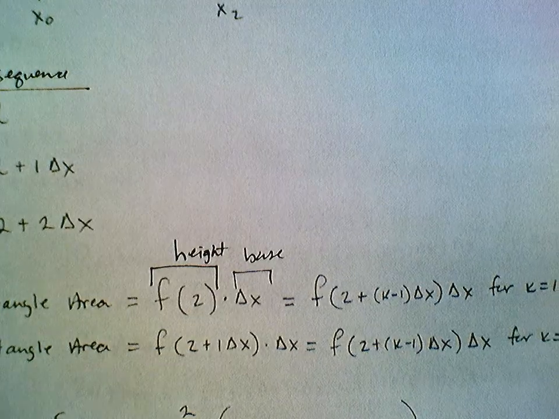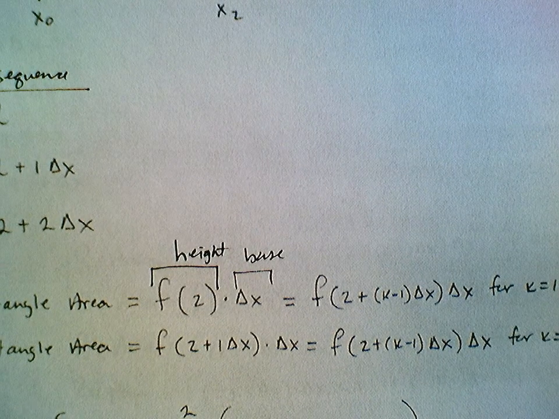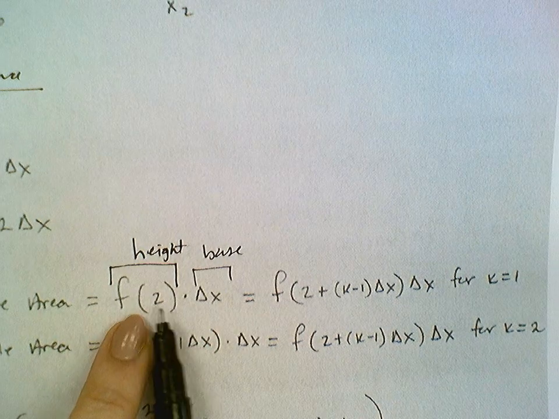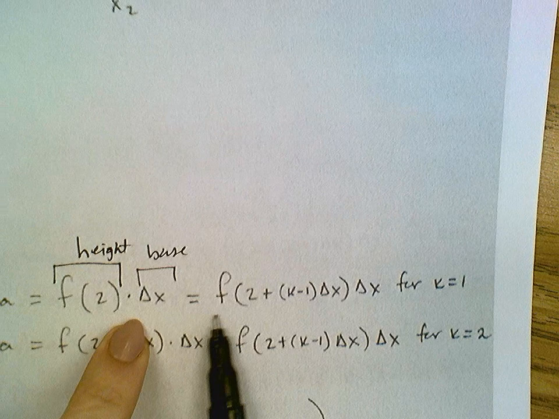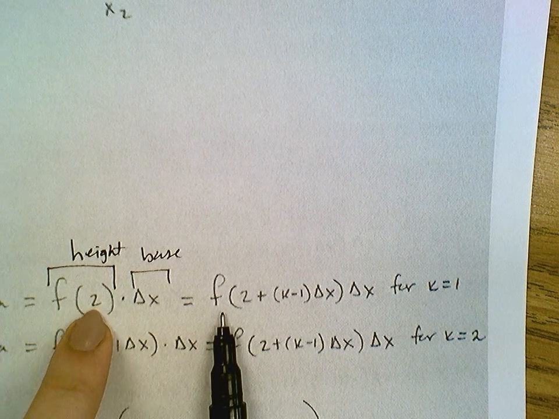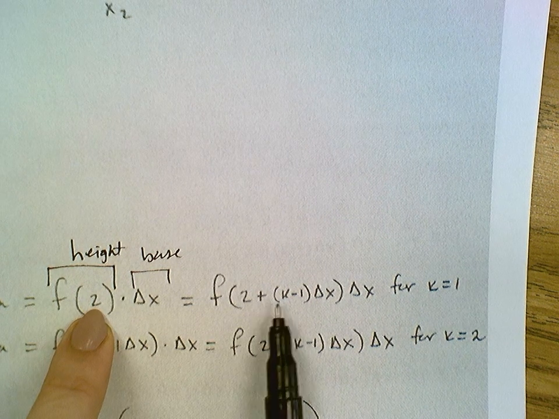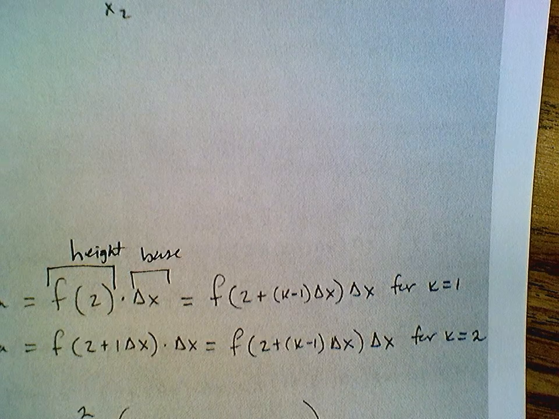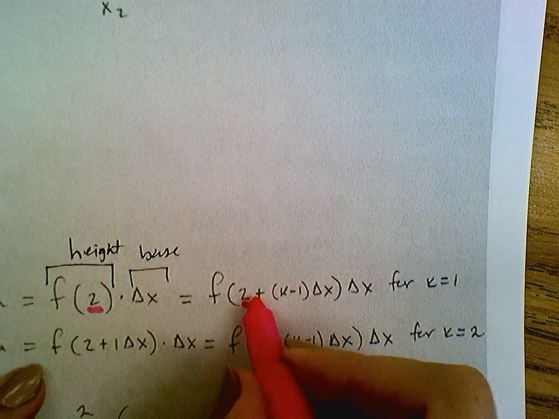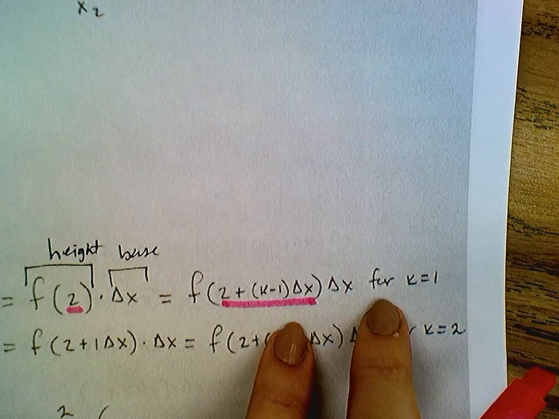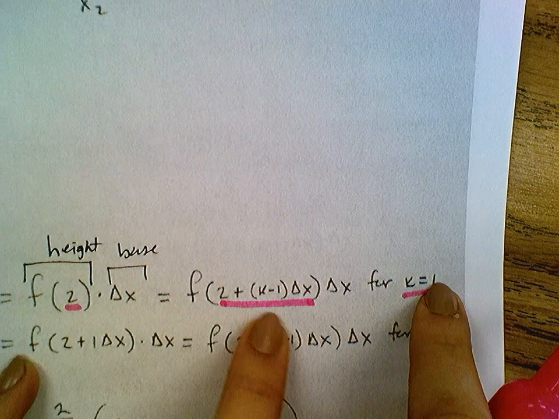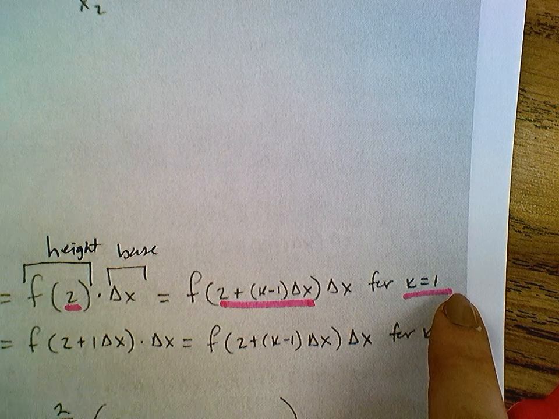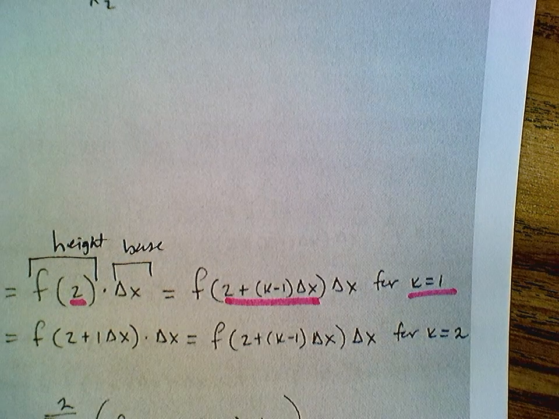Then I can express the 2 as 2 plus k minus 1, bear with me, delta x. So 2, I can express as this expression for k equal to 1. If you plug 1 in for k, you just get 0 delta x's.